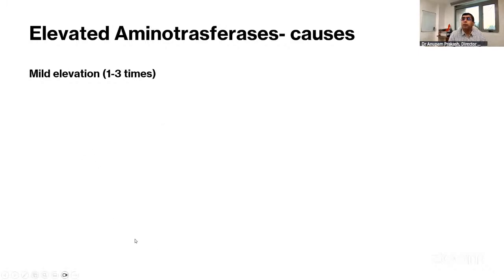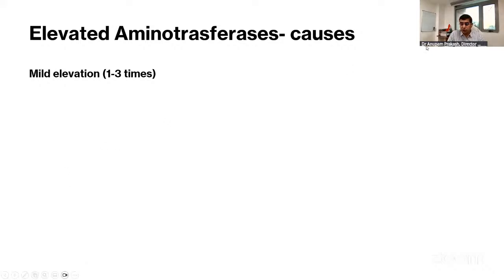But remember, when we talk of these biochemical values, more than 1.5 times the upper limit of normal is considered abnormal, with all variations. So if you take 40 as the upper limit of normal, more than 1.5 times means 60. Any patient who has more than 60, definitely it is abnormal. So it may be clinically relevant at that point of time.